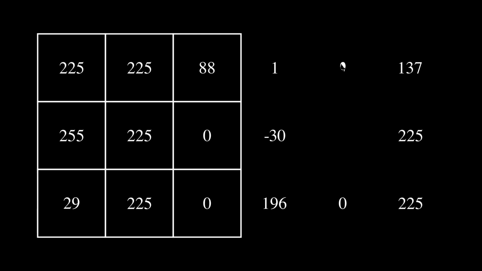Now we change each negative number to a 0 and all other numbers, including 0 itself, to a 1. Now we have 8 ones and zeros, and notice how a 1 means that the center pixel was as bright or brighter than that neighbor. And a 0 means that the center pixel was less bright than that neighbor.